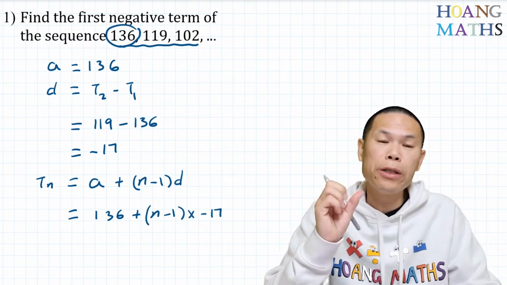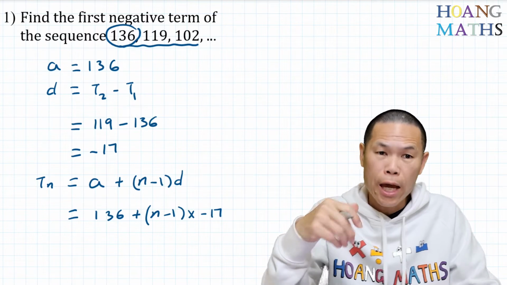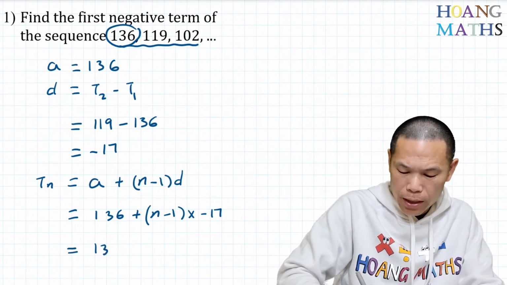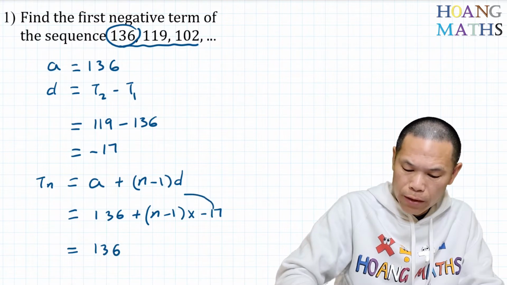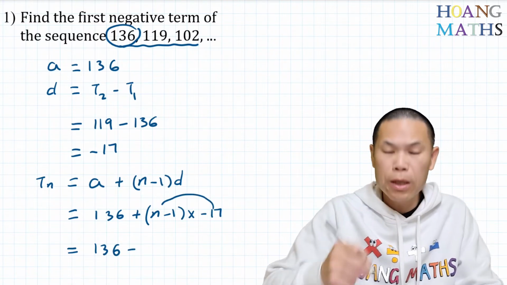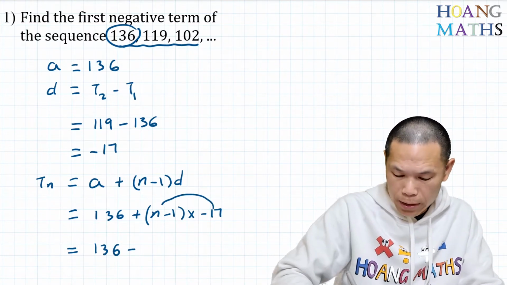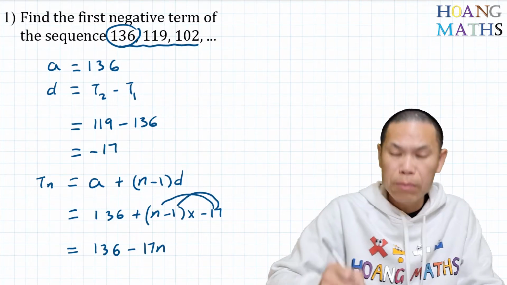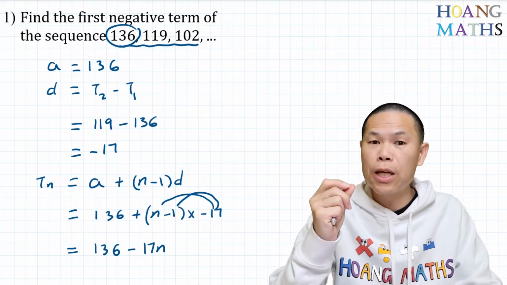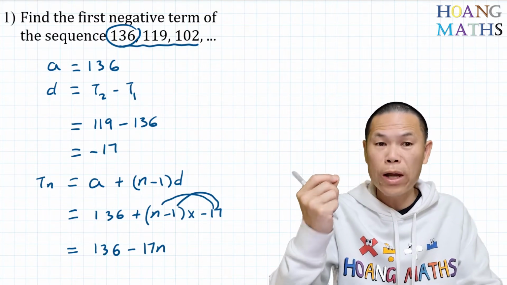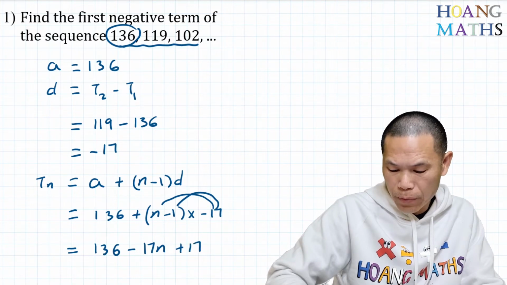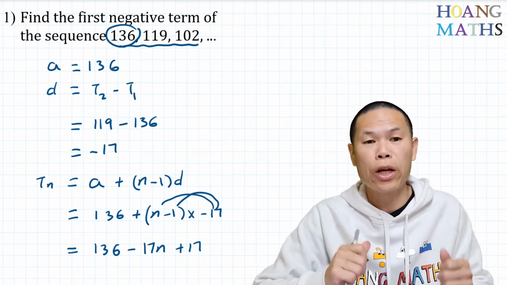So what I do now is expand the brackets and then simplify, okay? That will give me 136. Negative 17 times n gives negative 17n. And then negative 17 times negative 1: a negative times a negative gives a positive, so 1 times 17 is 17, so plus 17. Otherwise, you can just put that on a calculator.